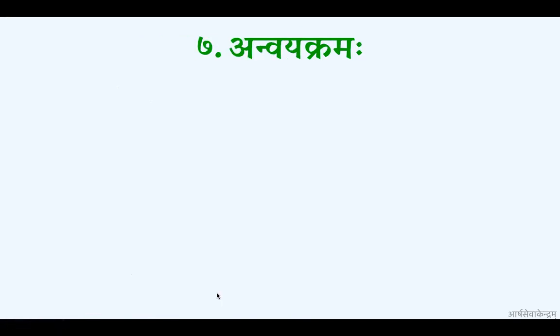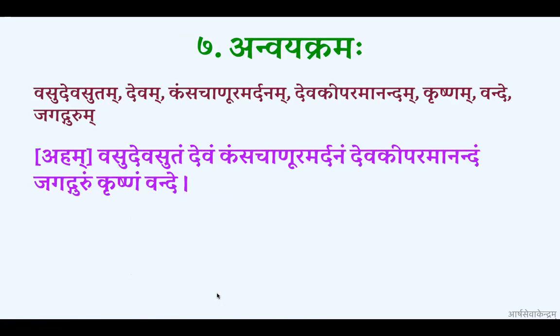So after you do this, you now have a sense of the different meanings of the different words, and also how they are related, what is the anvaya to the kriya padam. Then you can rearrange the words in an order that makes sense to us, or that we are used to.